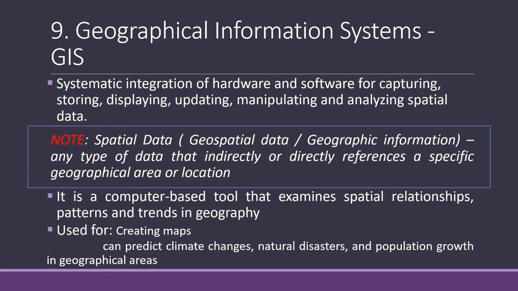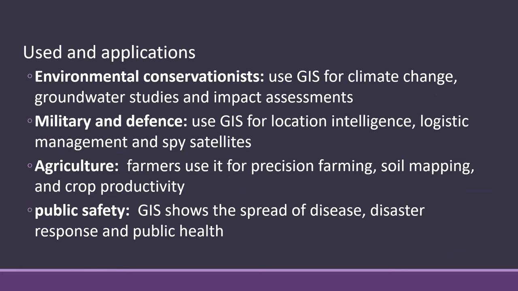In the same way, when some kind of epidemic spreads, these GIS systems can be used to predict where the epidemic will go, maybe in the next week, next month, or during the next year. So the users and applications for GIS systems, the first one, are environment conservationists.